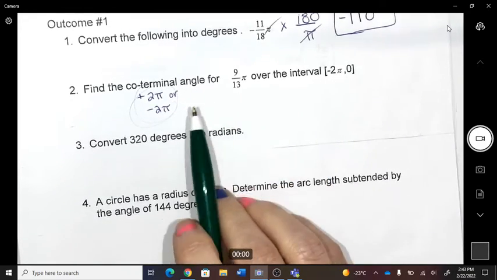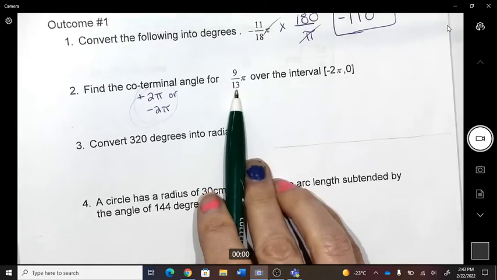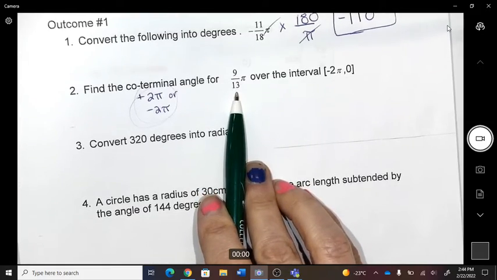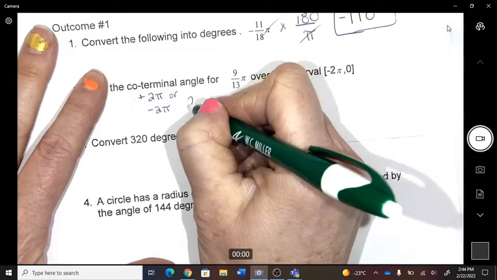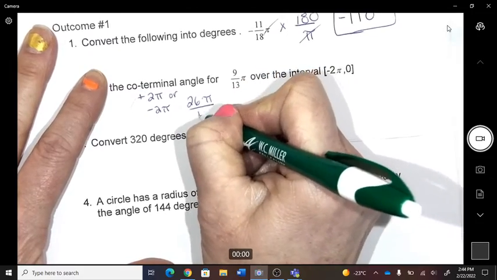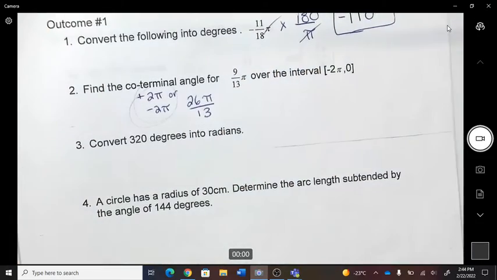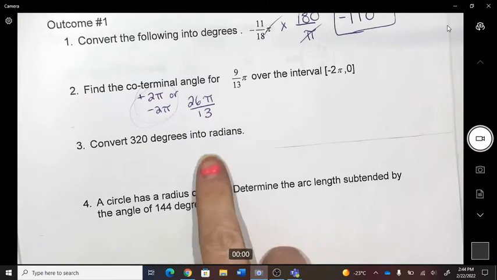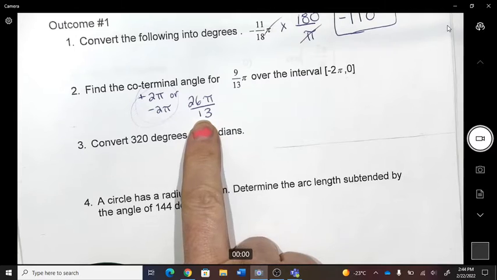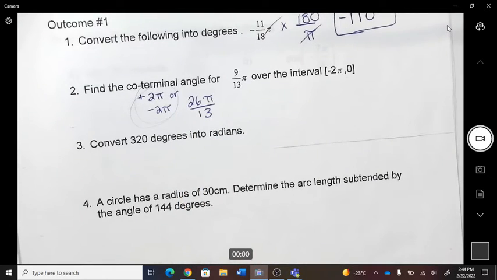How are you going to match 2 pi to this fraction? 26 over 13 pi. So we could either go up that much or down that much, okay? Or we could go 26 and another 26 and another 26. We could keep going that amount.